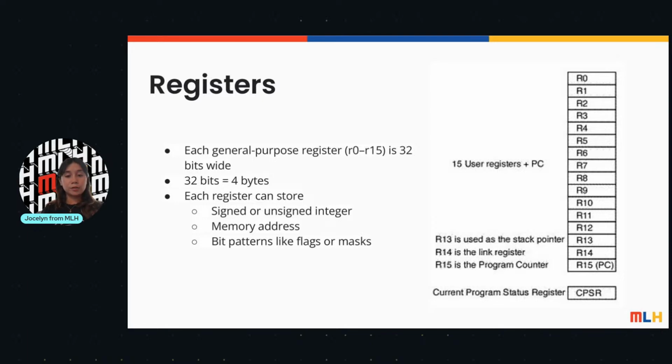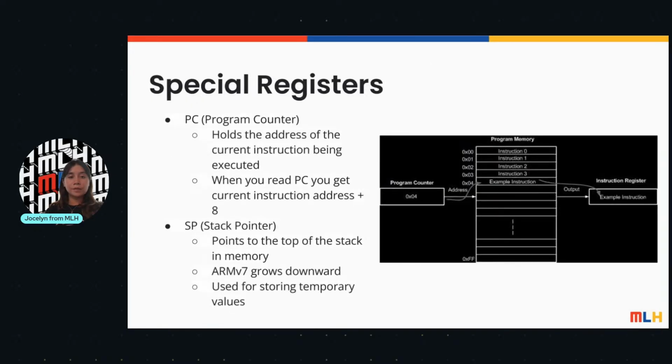This is important because we can't store very large numbers or values, because then we will have an overflow in our data. And as I was mentioning, there are special registers on every architecture, not only on ARM v7, but pretty much any architecture that you can think of. We'll be seeing 4 of those special registers.